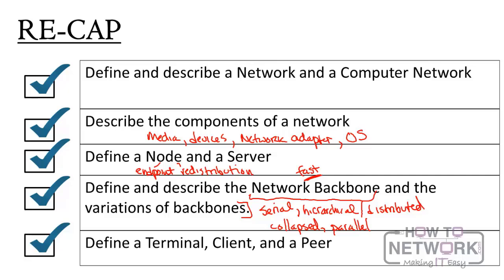Finally, we defined terminal, client, and a peer. Remember, the terminal is a dummy. Client accesses resources on other computers. And a peer both serves and accesses.